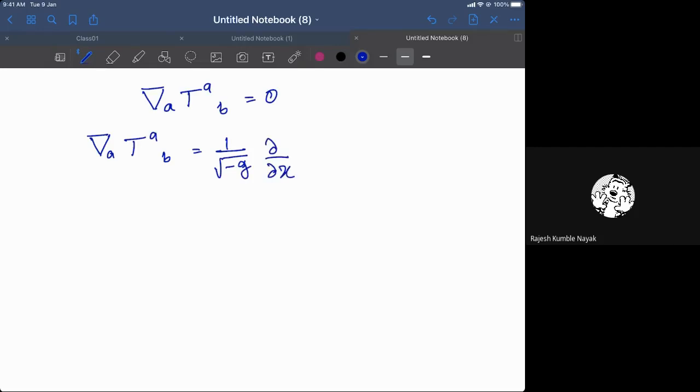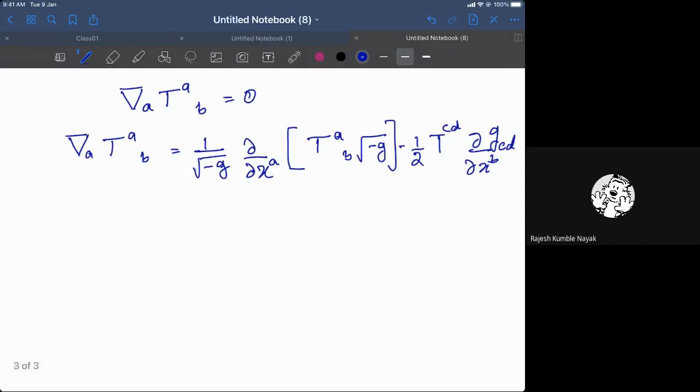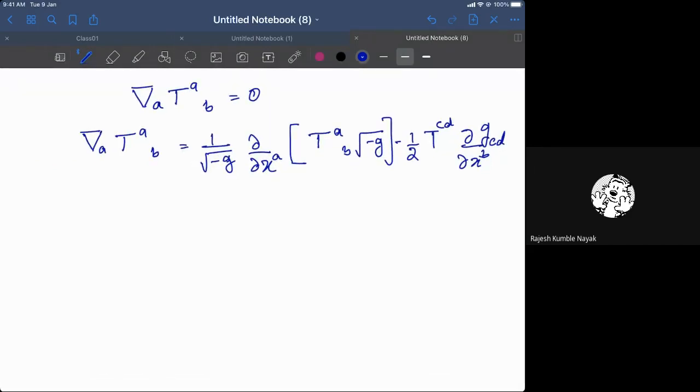So this expression, the divergence of T^{ab} for a symmetric tensor, is given by this equation: 1/sqrt(-g) times ∂_b(sqrt(-g) T^{ab}) minus (1/2) T^{cd} ∂^a g_{cd}. We have to use this expression. That is the only way to simplify. Otherwise, taking the covariant derivative and divergence and all that takes a lot of algebra.